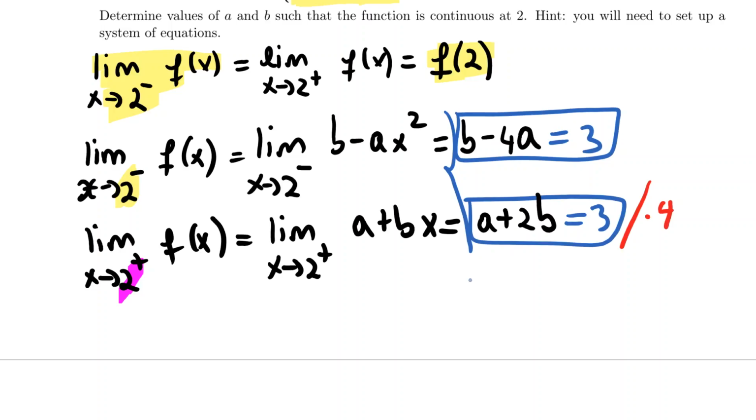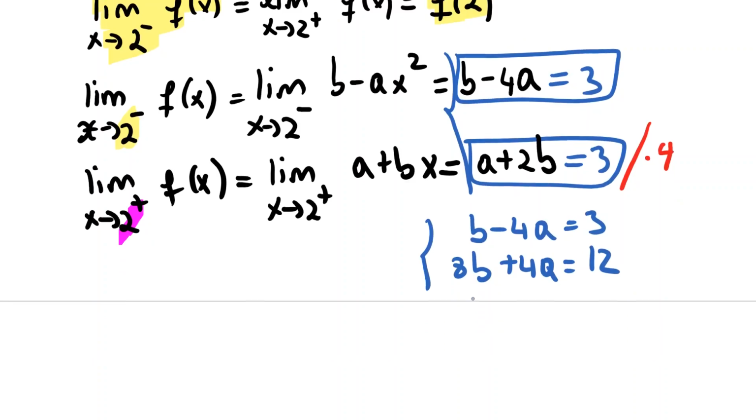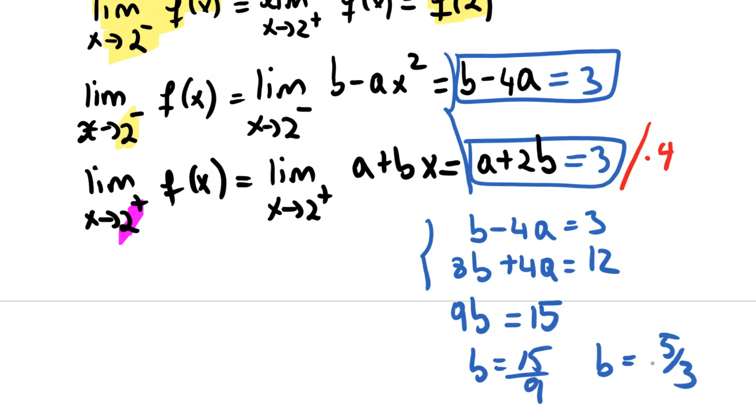So I'm going to have b minus 4a equals 3, and then I'll have 4a plus 8b equals 12. And now I'm going to add these two. So I'll get 9b, the a's cancel, equals 15. So b equals 15 over 9, and if I reduce it by 3, I get 5/3.